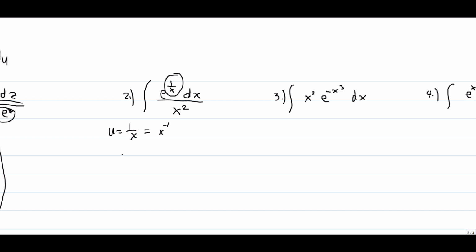Okay, so du here is equal to negative 1 times x to the power negative 1 minus 1, then dx. So du here is equal to negative x to the power negative 2 dx.